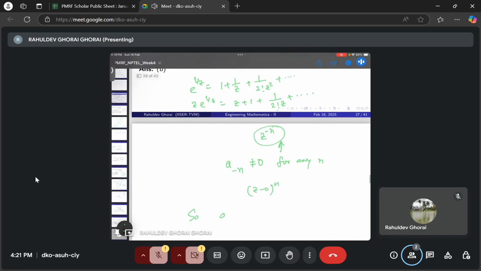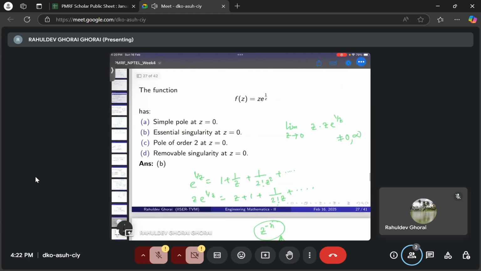So 0 is an essential isolated singularity. So all other options will then get discarded. When you have an essential singularity, you cannot have a pole, and you cannot have a removable singularity either. Only this one is correct.